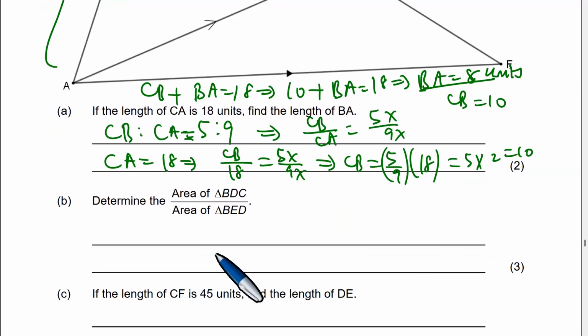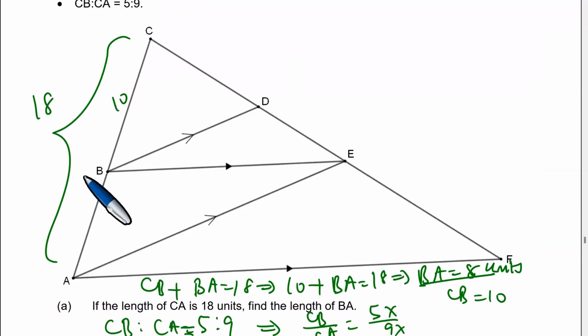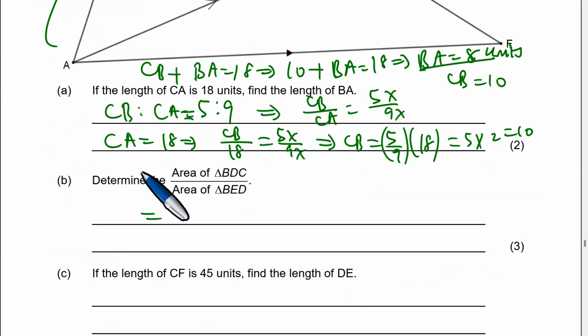The ratio of the area of triangle BDC over BED. If you look at BDC, the area is half base by height. So it's half CD times the perpendicular height.